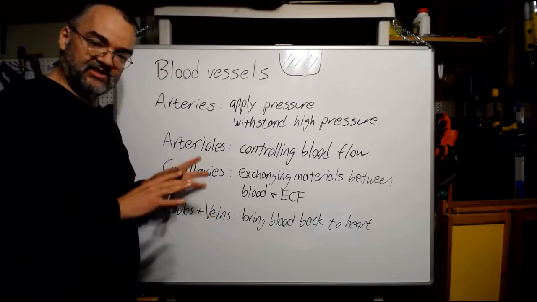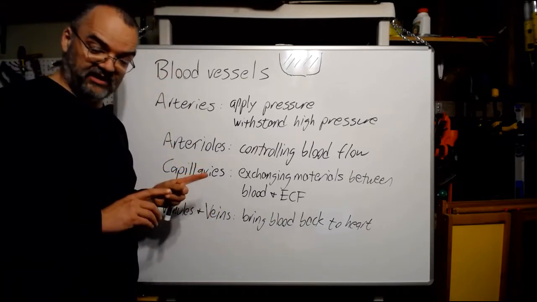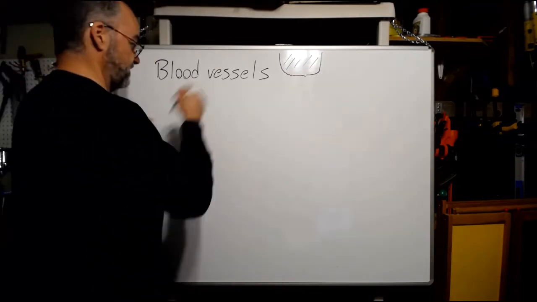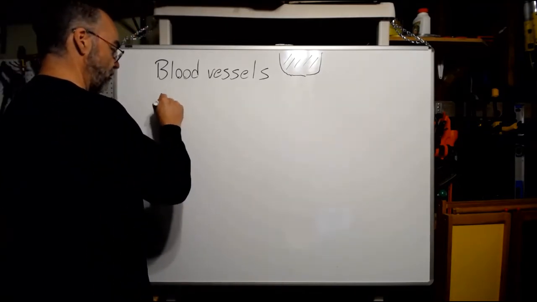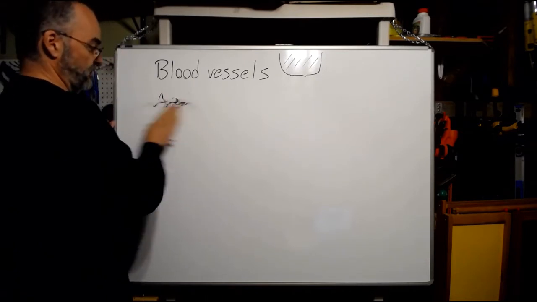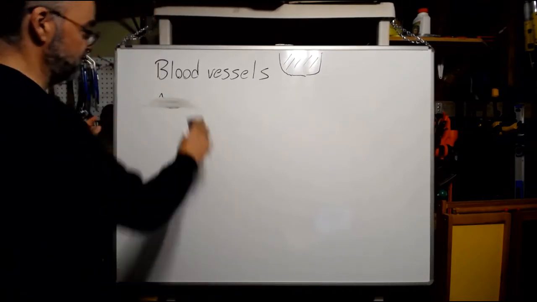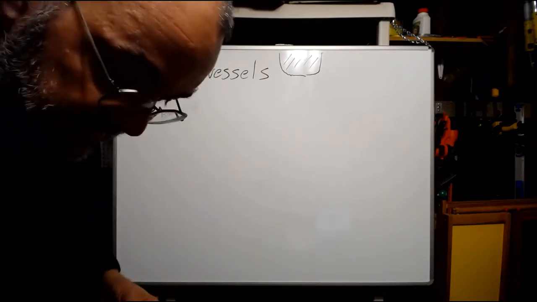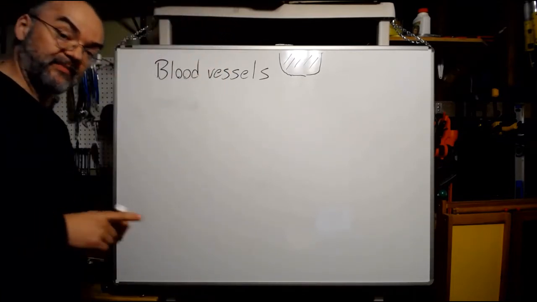So, let's start by talking about each individual kind of blood vessel. Actually, before we even do that, let's talk about something that's in common with all of these blood vessels. That is the idea of endothelium and the basal lamina.